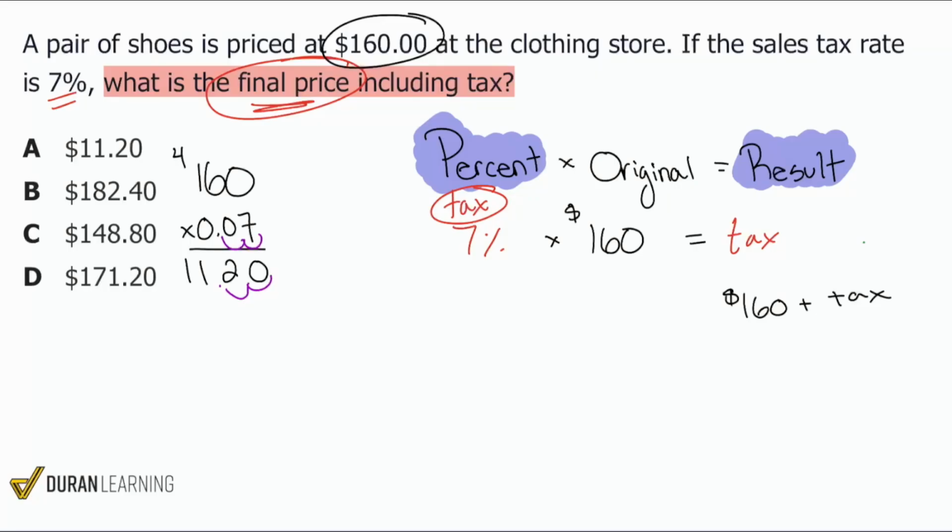So that tax is going to be $11.20, and so that's what we add to that 160 to get that final amount. Once we add those together, we end up getting $171.20. So again, we have to add it back at the end.